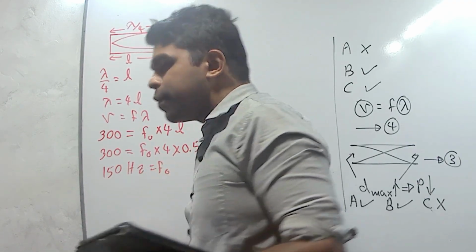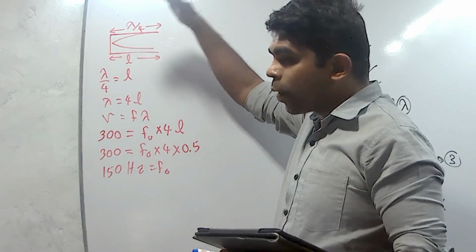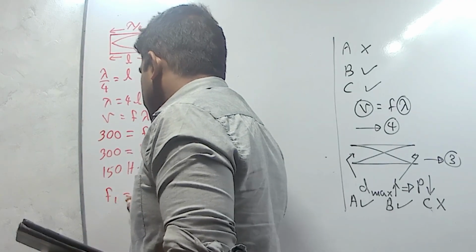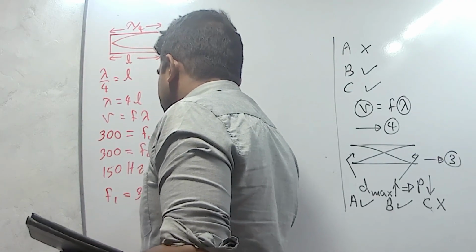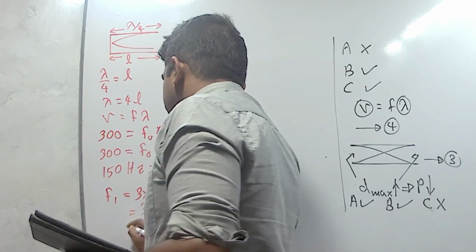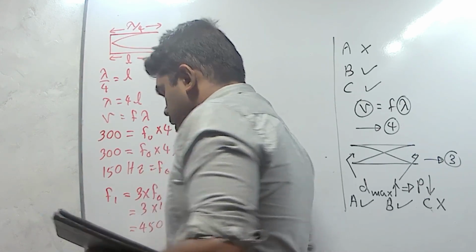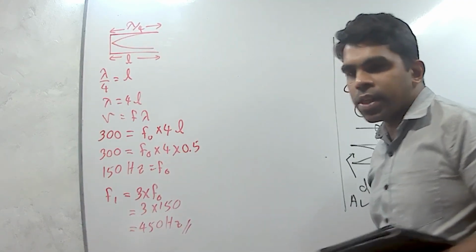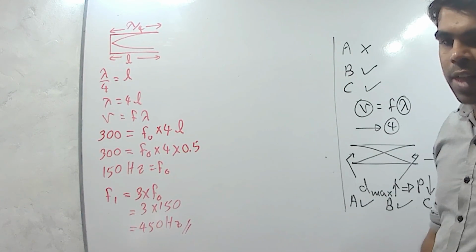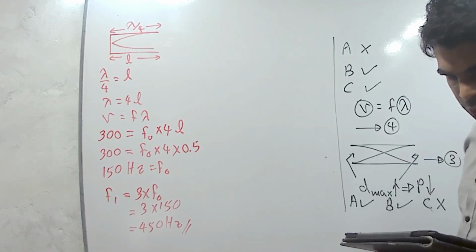It is the fundamental. And we know that for a closed tube, the first overtone is 3 times the fundamental. Then 3 times 150 is 450 Hertz. Then the lowest frequencies we can observe are 150 Hertz and 450 Hertz. Then the answer is 2.